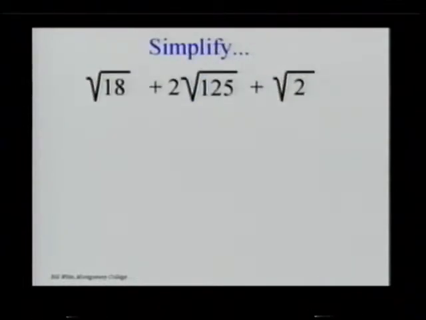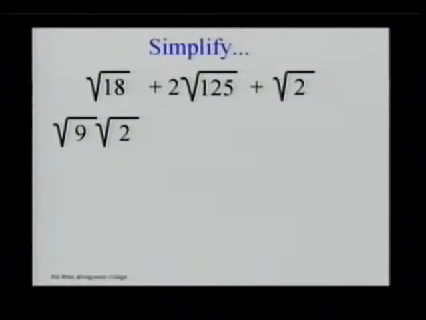How about this one? Well, now, these aren't in simplest terms. There's going to be an extra step here that we're experts at, and that is simplifying them first. Let's take it one at a time. The square root of 18, I'm going to break into good and evil. The good is a perfect square root of 9, and that leaves me with 2.